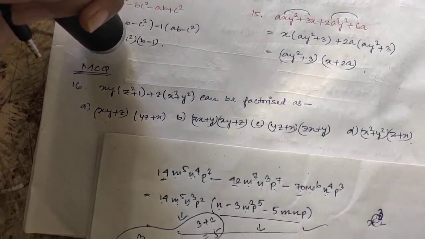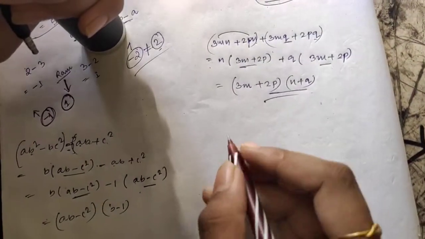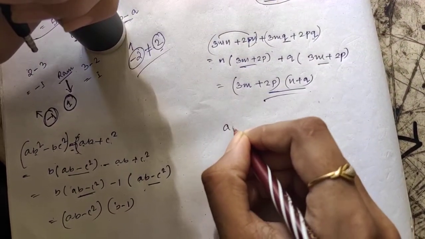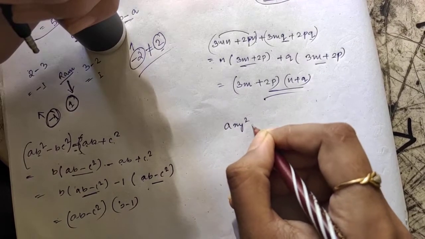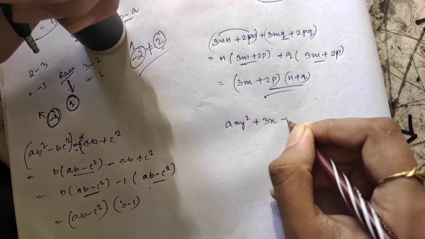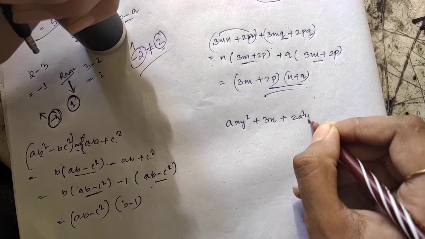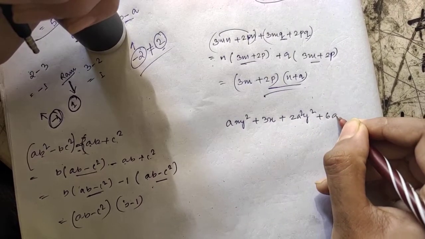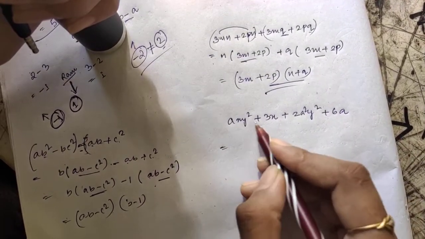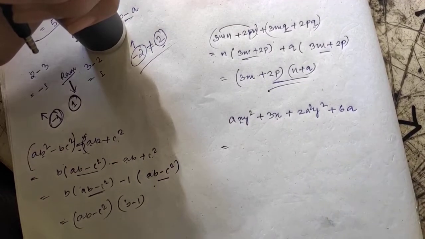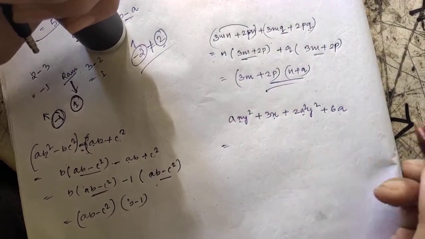Okay. 15 number C. See the question of 15: axy square 3x 2a square y square plus 6a. Any common here? Yes, common is there, a.